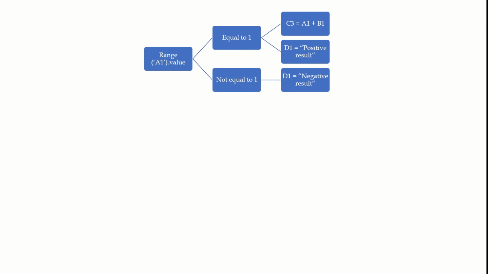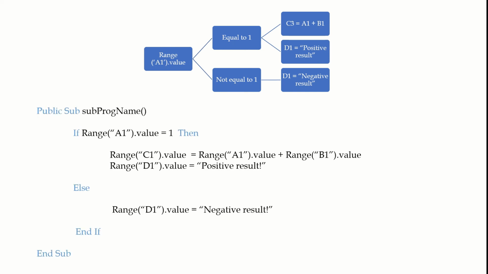And we also have an additional step. If it's equal to 1, we have to say range D1 equals a positive result. And if by any case the range A1 value is not equal to 1, then we have to say range D1 is equal to negative result. So let's see how we can implement this in code.